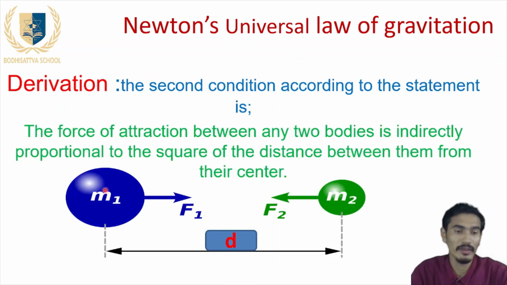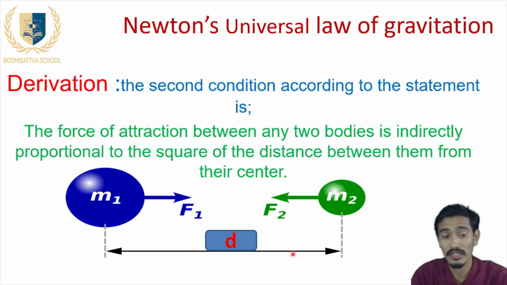says that the force of attraction between any two bodies is inversely proportional to the square of the distance between their centers. That means M1 and M2, these are the bodies, and the gravitation force of attraction is represented by capital F. So the capital F will be inversely proportional to the square of the distance from their centers.